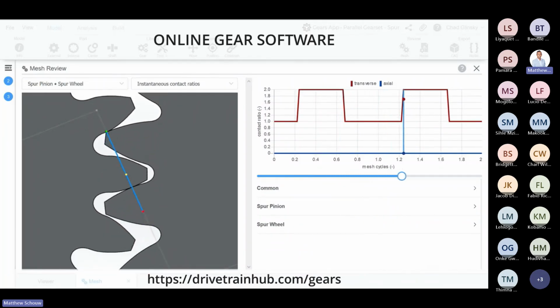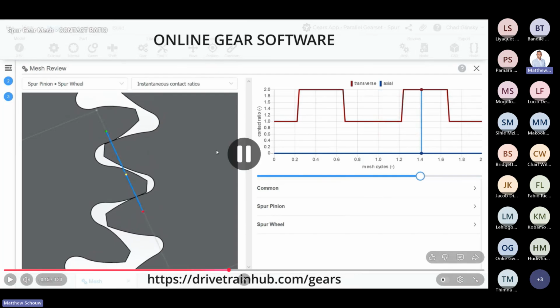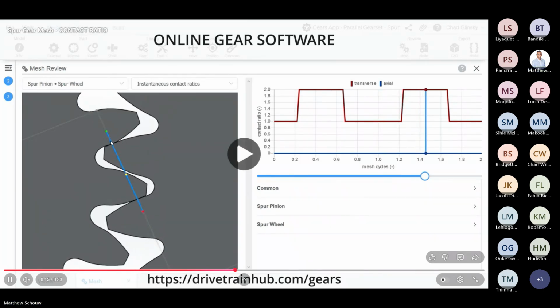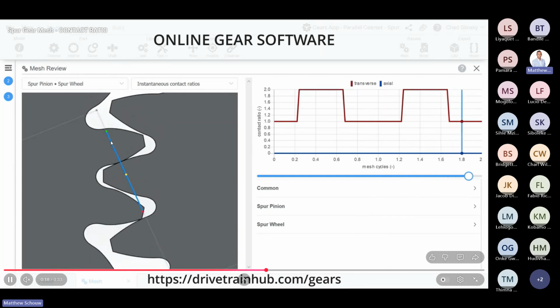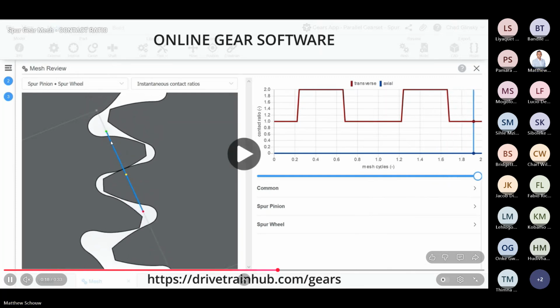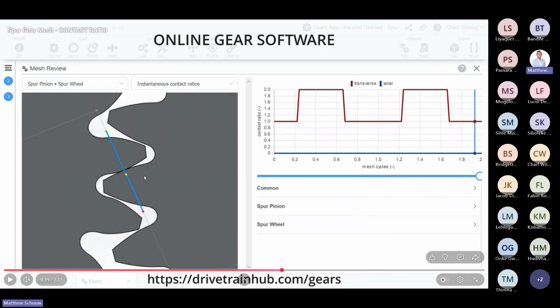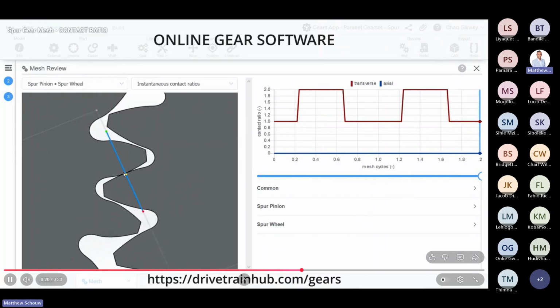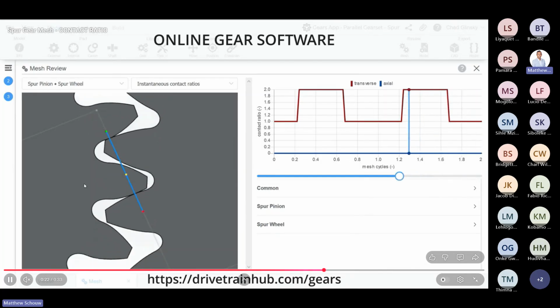So if I click over there, we have a contact ratio of 2 at that mesh cycle. You notice that's in contact over here, and you guys see that, 1, 2, and as it goes over here, we have one tooth in contact over there. Can you guys see that? So that's what the contact ratio is about. Are we all happy with that?